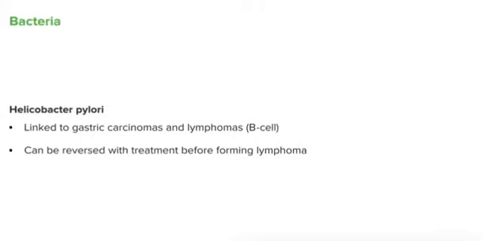Bacteria associated with cancer. Obviously, this brings us to H. pylori, Helicobacter pylori. Helicobacter pylori loves to live either in the antrum of the stomach, or it loves to live in the first part of the duodenum.